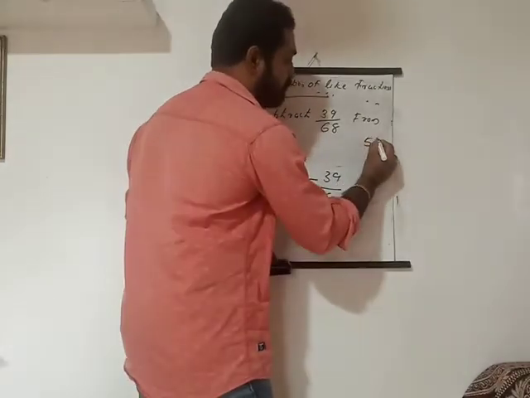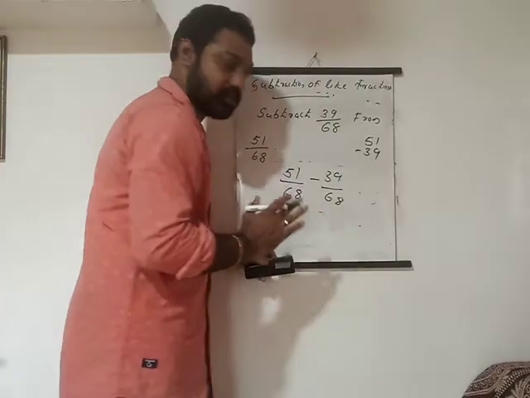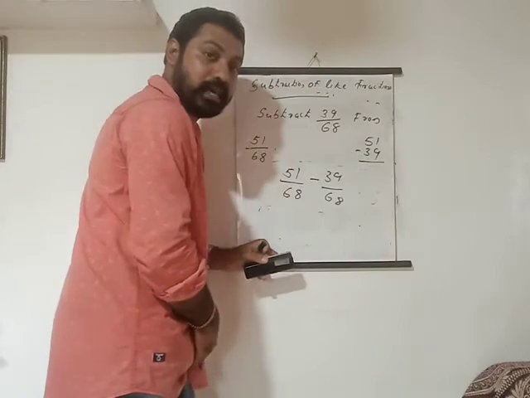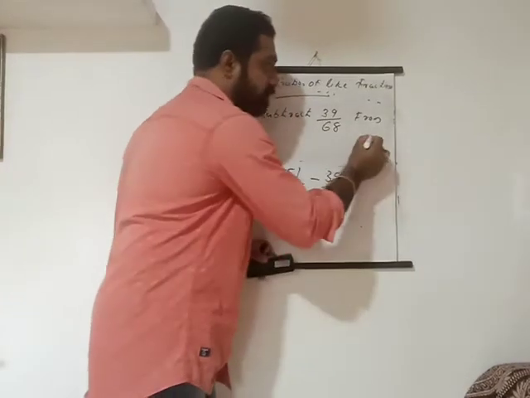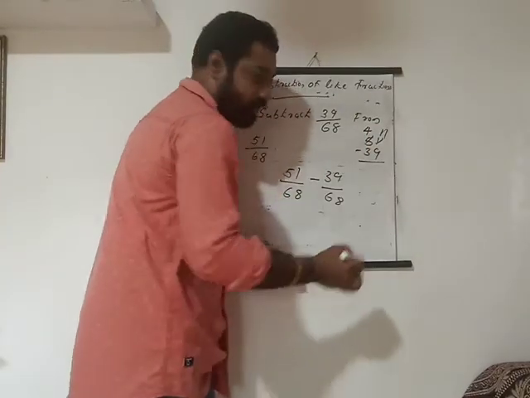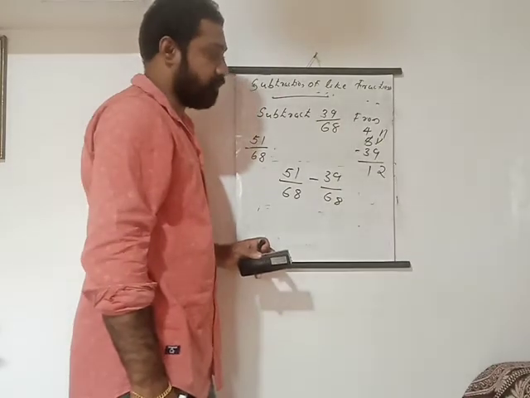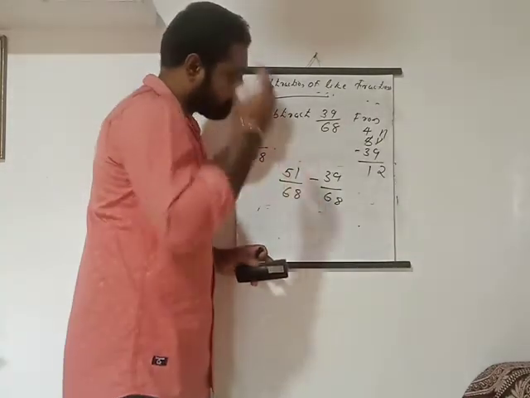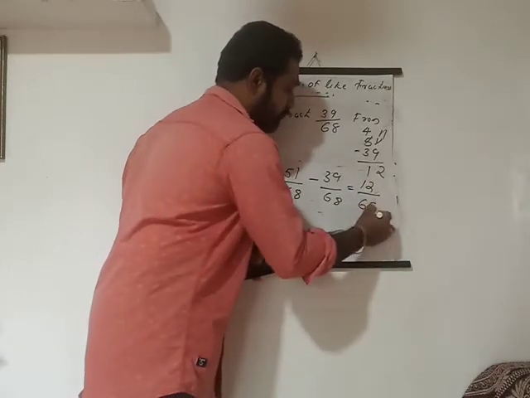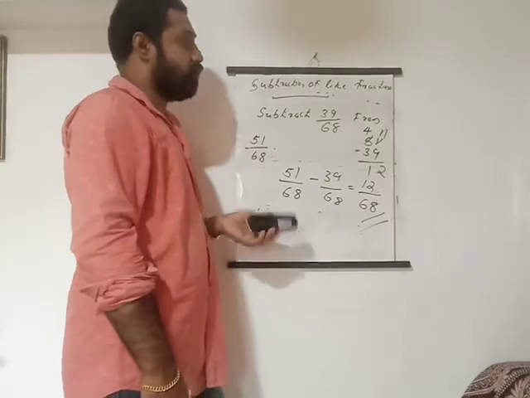The next step is to subtract the numerators, the same thing that we studied. 1 minus 9. 1 minus 9 is not possible. Then borrow from here, it becomes 4, and this becomes 11. 11 minus 9 is 2. 4 minus 3 is 1. So we get 12. What is the answer? 12 by 68. That's all. So this is the subtraction of like fractions.